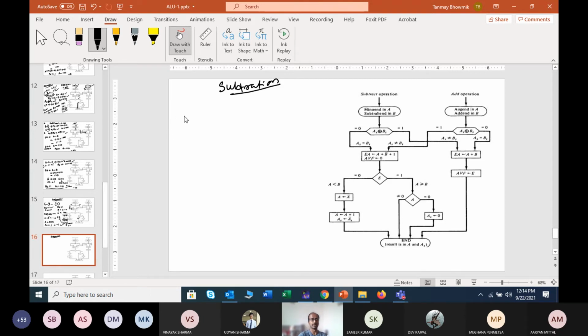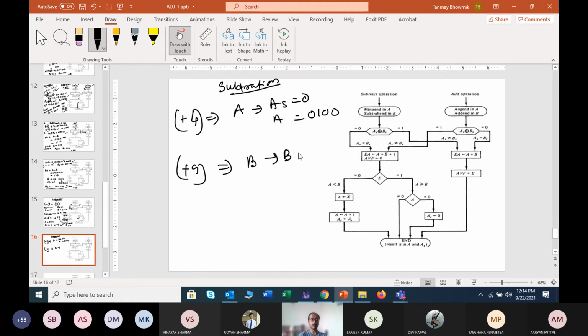So say you have taken the number as plus 4 in A. This should be AS equals 0 and A equals 0 1 0 0, right? Now think that your second number is plus 9. This should be B. So BS will be 0 and B will be 1 0 0 1, that is 9.